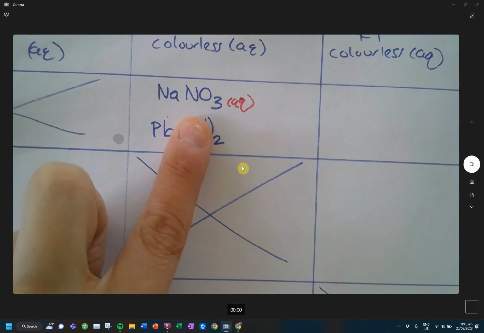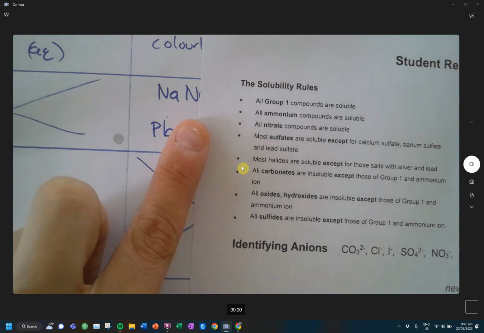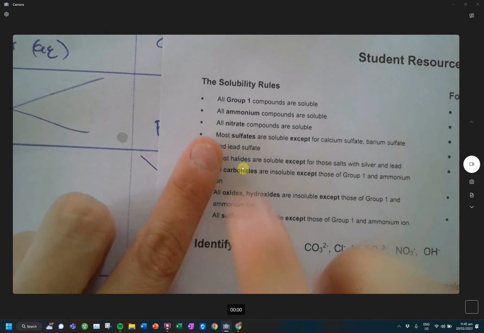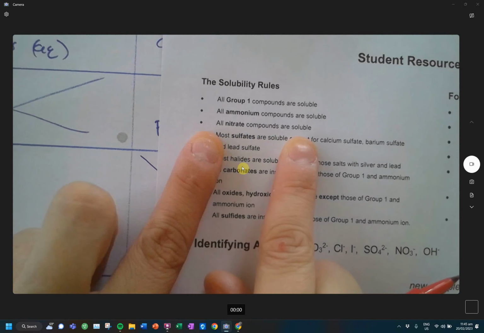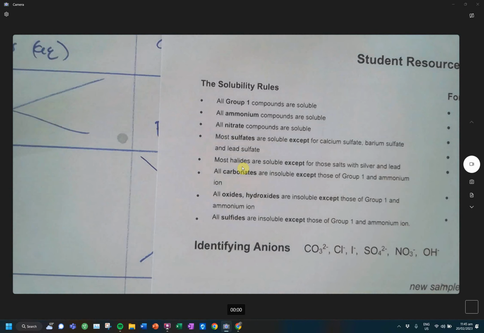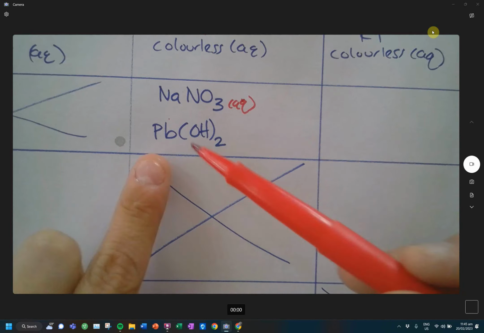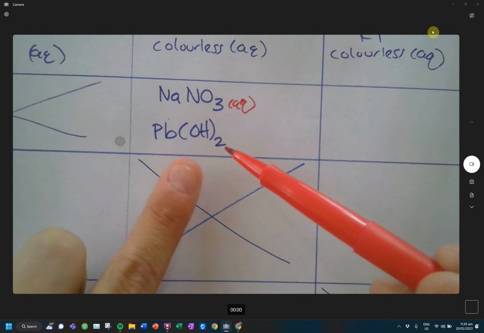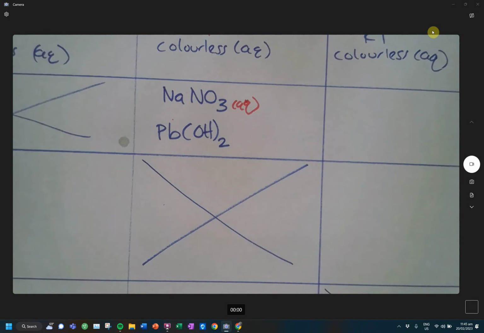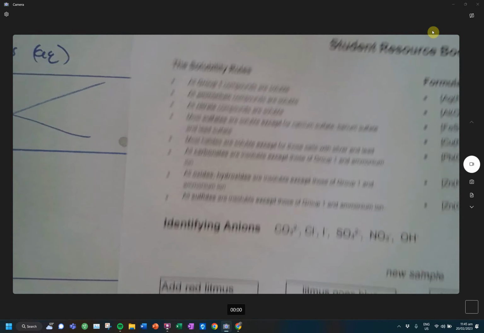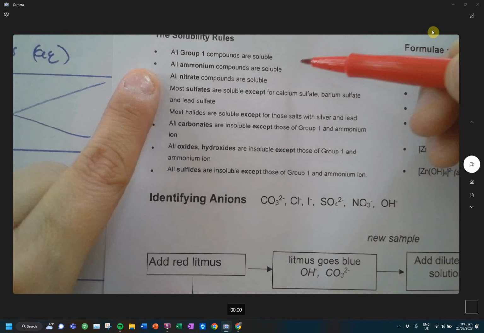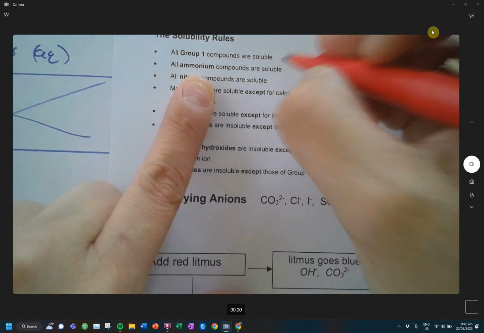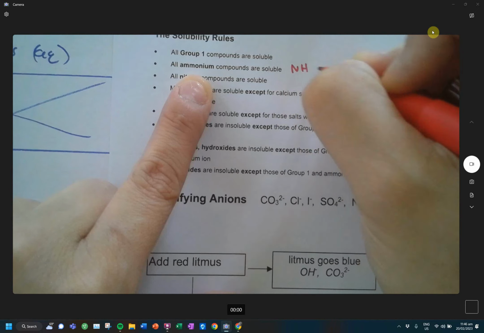AQ. I can also look up nitrates on my list, and I can see all nitrate compounds are soluble. So with those two bits of information, sorry, I got to precipitate. So we can assume that it's probably our lead hydroxide, but let's double check it by, again, looking at our solubility rules. So there's nothing here with ammonia. If you guys are wondering what ammonia is, we're talking about NH4+.